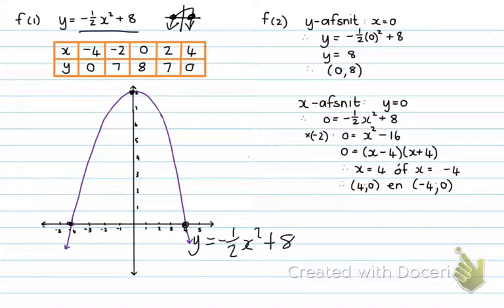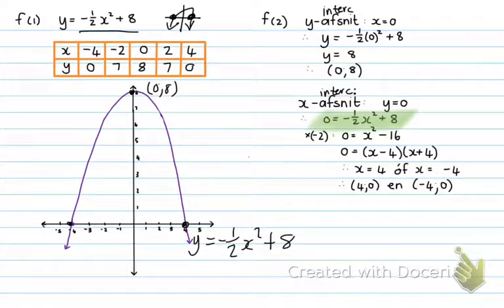And then they are asking for the y-intercept. Remember, I can just read that off, and that will be at (0, 8). And for the x-intercepts, I'm going to set y equal to 0. So that's 0 is equal to negative a half x squared plus 8.